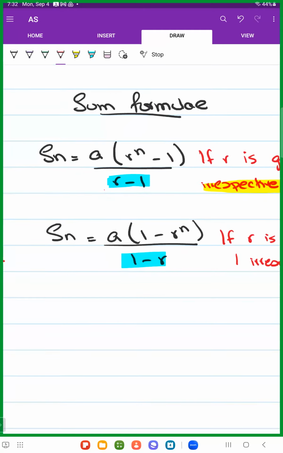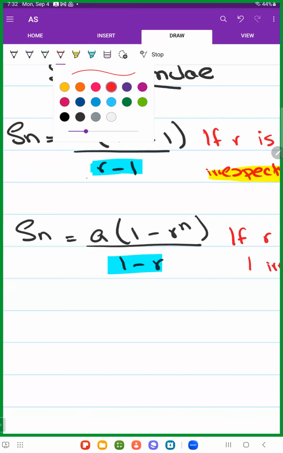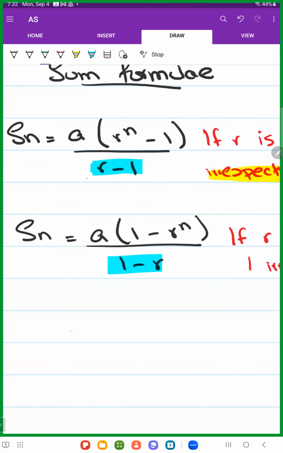You guys clear? Now you will not look at the sign, okay? Sign doesn't matter. So for example, my R is minus 1.5. Which formula will I use? The second?